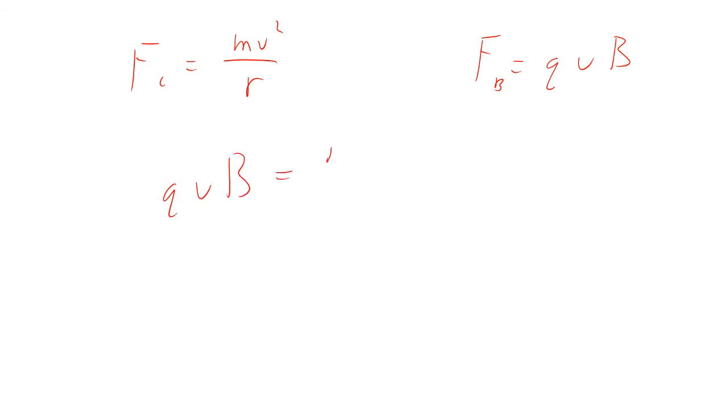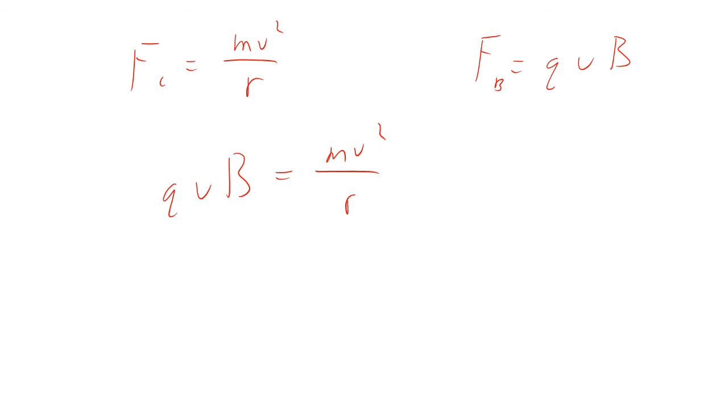And so look at it, we know centripetal force from physics 1 is mv squared over r. Well, the magnetic force is going to be QVB, assuming that V and B are perpendicular to each other. If they're not, we'll worry about that later. And so if we set the two equal together, QVB equals mv squared over r.